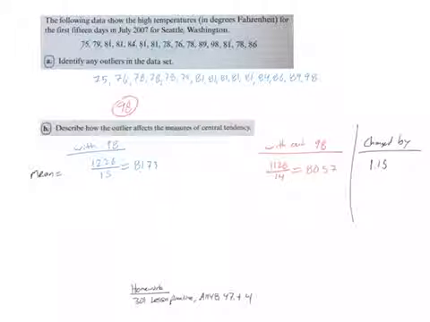So when you divide them, this one you get 81.73. This one you get 80.57. So that's a change of about 1.15, 1.16. Next, median. It should be the middle number. So there's 15.